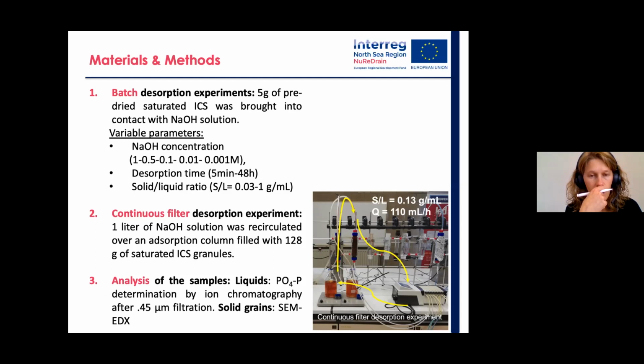In the continuous filter desorption experiments, we used 1 liter of sodium hydroxide, and that solution was recirculated over the adsorption column, and these columns were filled with 128 grams of saturated ICS granules.